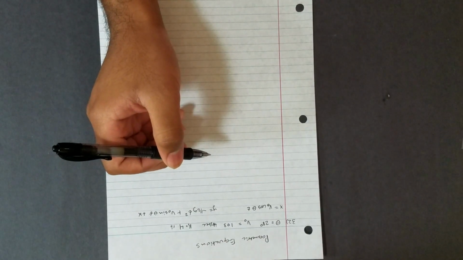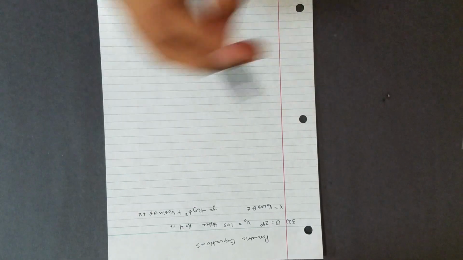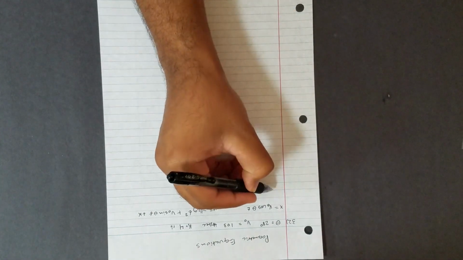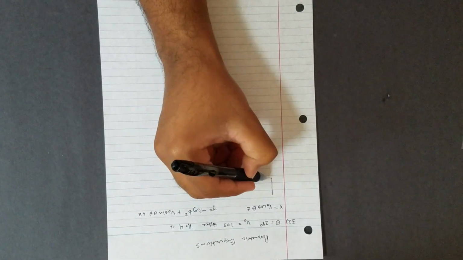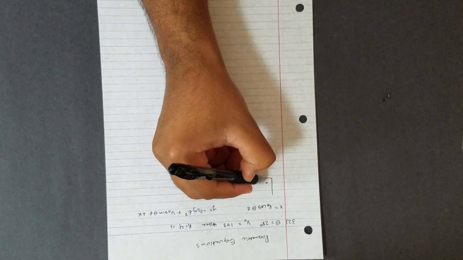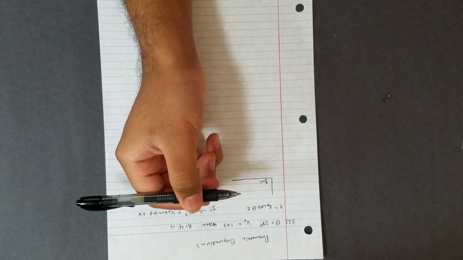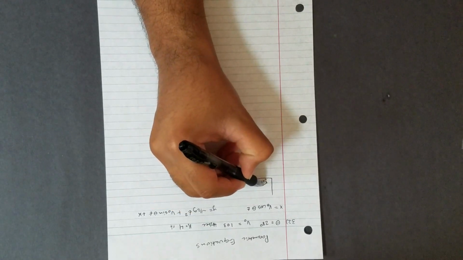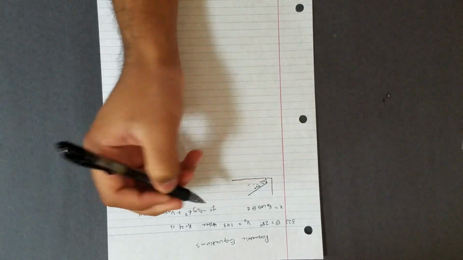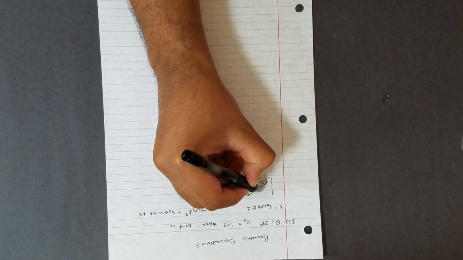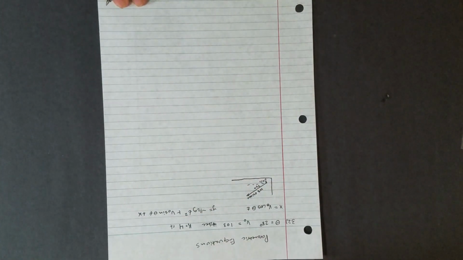So, we are asked to determine the distance traveled by the ball horizontally. So, let's draw a little diagram. Now this is up at 4 feet, and it gets hit at an angle of 28 degrees with an initial velocity of 103 feet per second.